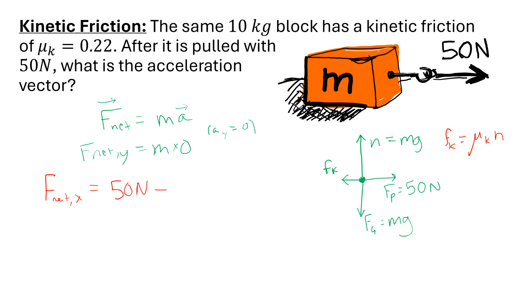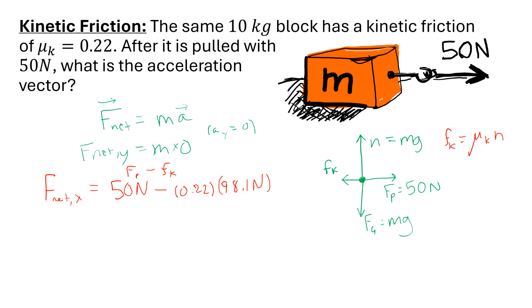So this is Fp minus Fk. So this is going to be equal to 50 newtons minus 0.22 times the normal force, which is mg, which we had decided was 98.1 newtons.